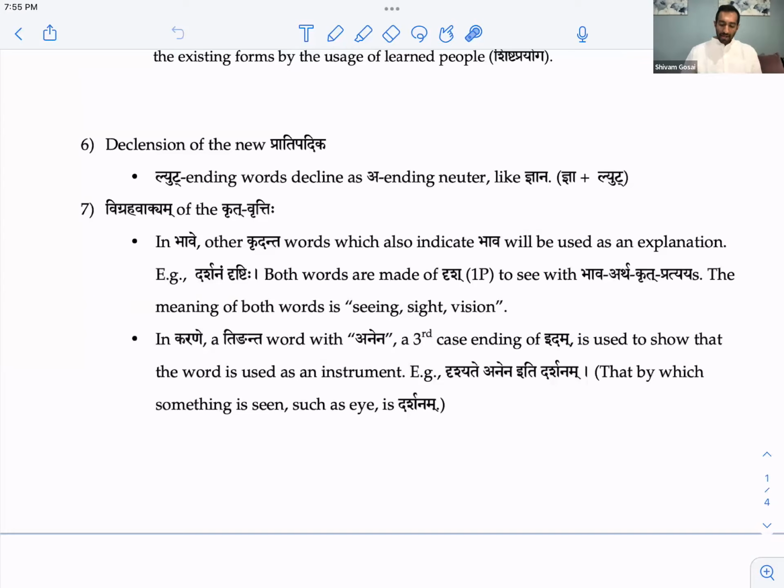So bhave usually means mood, but here take it more as bhava being the meaning of the verb, or the meaning of the dhatu itself. Okay, the meaning of the dhatu itself.